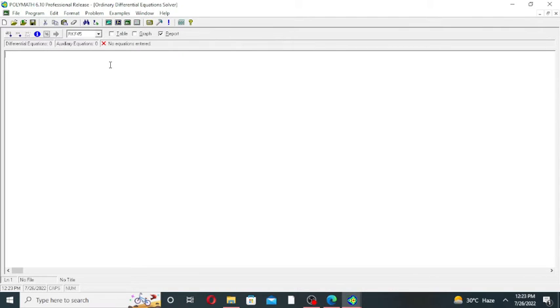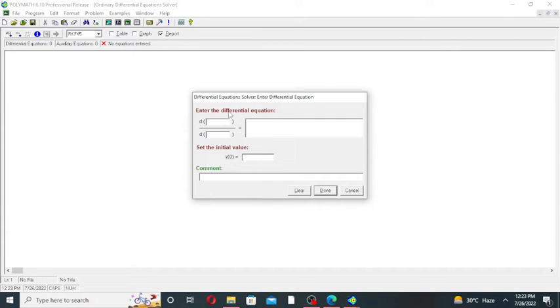This interface will open. Now enter a new differential equation. If you click on it, it will show enter new differential equation, and this is new explicit equation. So click on enter differential equation. The first differential equation is dCA by dt is equal to RA minus V naught multiplied by CA divided by the volume of the reactor at any time.